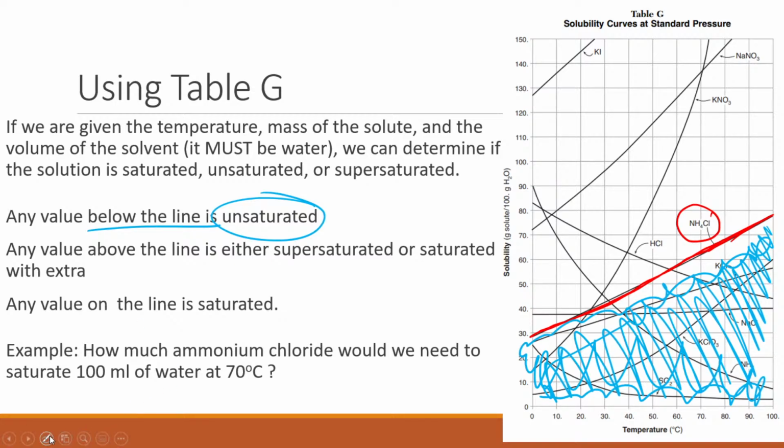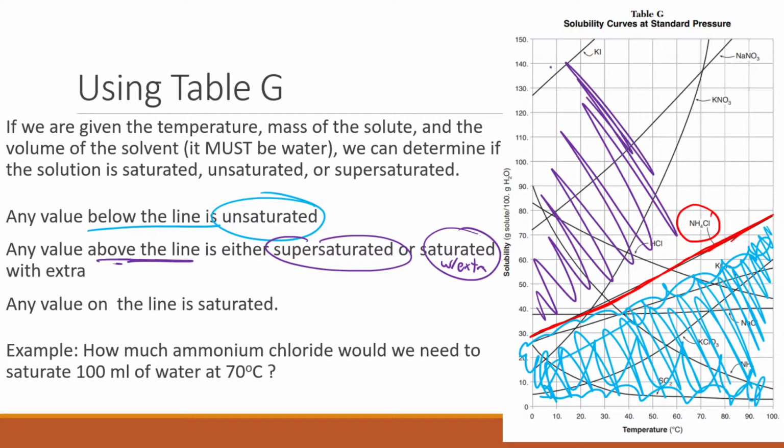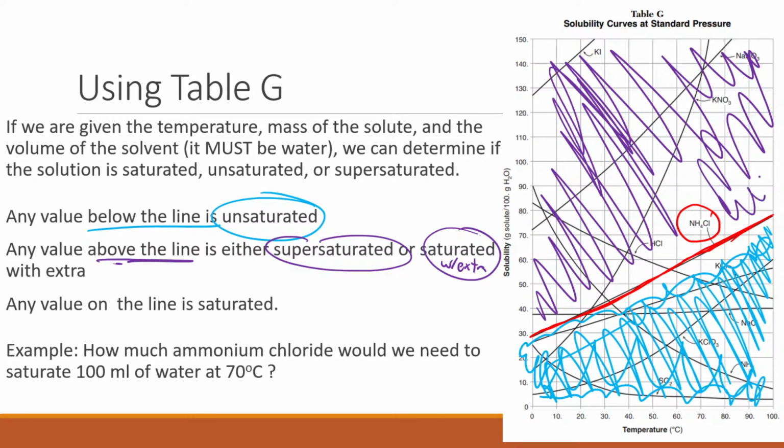Any value above the line is either supersaturated or saturated with extra. So all of these points up here, everything above this line, is going to be supersaturated or saturated with extra.